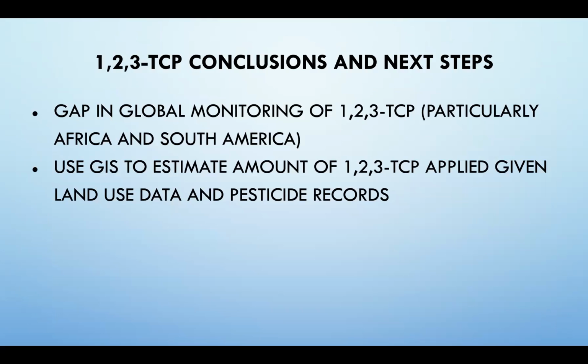Some major conclusions: there's a gap in global monitoring of 1,2,3-TCP in Africa and South America. Now we're trying to use GIS to estimate the amount of TCP that was applied using historical land use and pesticide records.